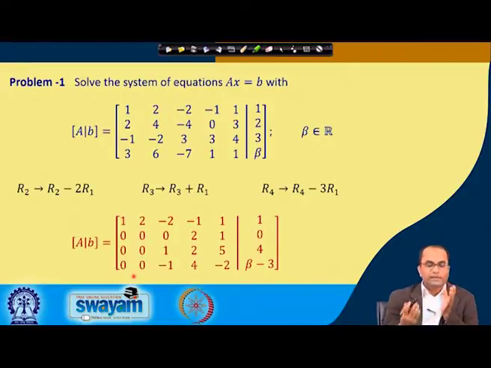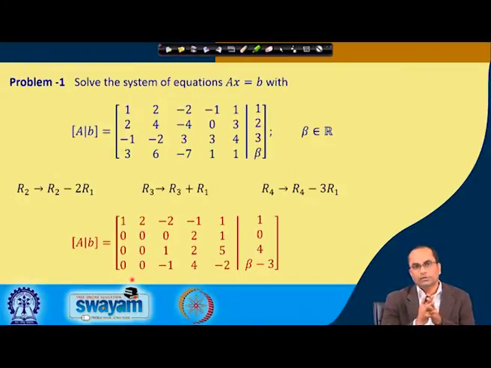x2 is automatically removed, which usually we do not get, such a nice matrix where x2 is removed without any operation. Otherwise, we have to repeat this with the help of the second equation, to eliminate the second variable from equations 3 and 4.